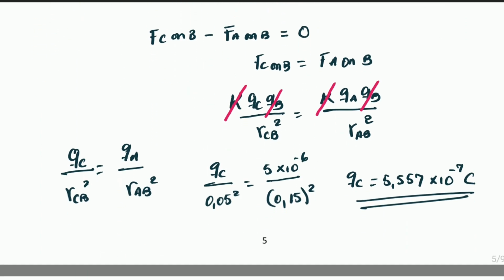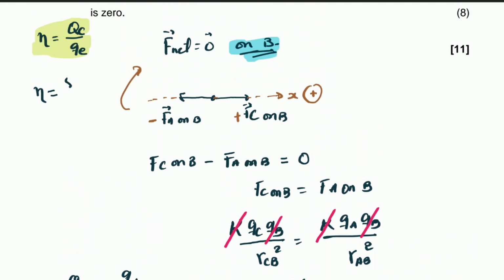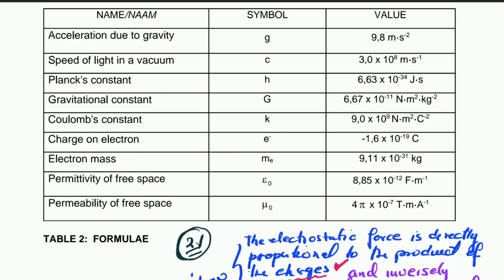Charge C, it is calculated there, 5.557 times 10 to the minus 7, divided by the charge of one electron. That I want to show you something. It is also going to be given to you. That is the charge of an electron. We're working with a proton now, but it's the same charge, just positive, guys.